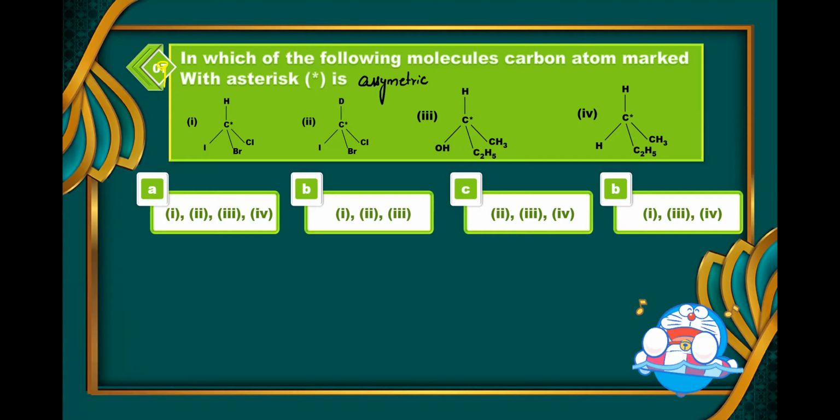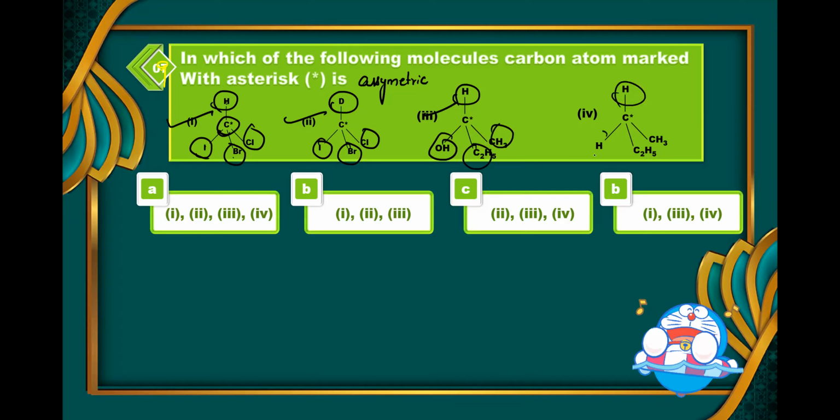Which of the following molecules has the carbon atom marked with an asterisk asymmetric in nature? Asymmetric carbon means a carbon which is surrounded by 4 different groups. 1, 2, 3, 4 different groups, asymmetric.